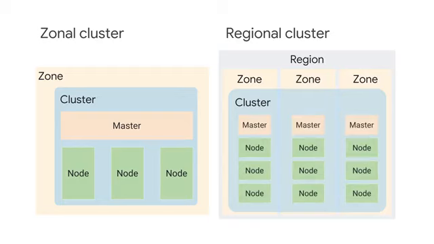Regional clusters ensure that the availability of the application is maintained across multiple zones in a single region. In addition, the availability of the master is also maintained so that both the application and management functionality can withstand the loss of one or more, but not all, zones.